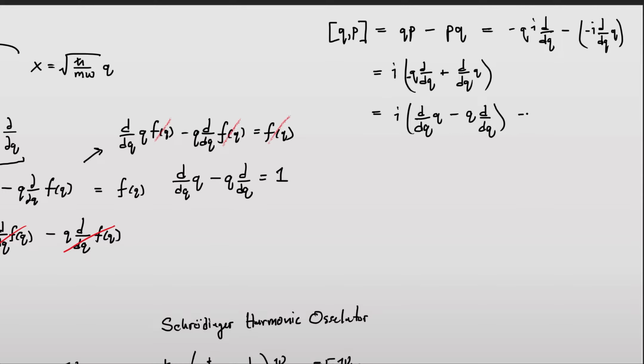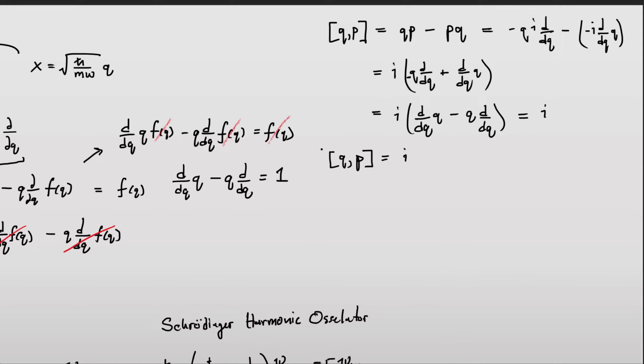And then this becomes 1, or this right here we said before was 1, and we get I. So QP minus PQ is equal to I. I'm going to check really quick. We brought the I out, that's going to make that negative. We bring an I out of here, it's going to be positive because of the minus. All right, that should be good.